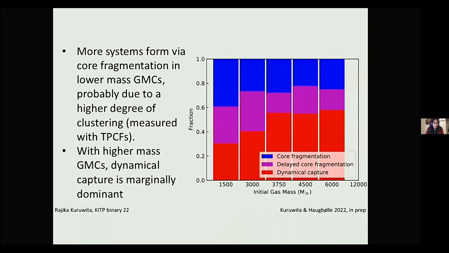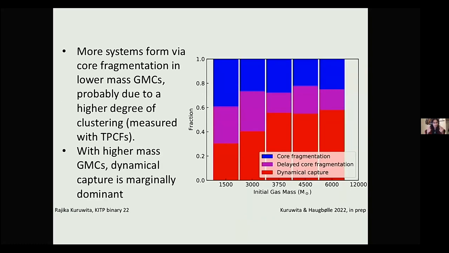Yes, so what I basically find is that for the lower mass simulation, which is a 1500 solar mass cloud, most of the stars are formed through core fragmentation. So this delayed core fragmentation is when a sink is formed, it's technically unbound, but it later becomes bound to the sink that it's most bound to.